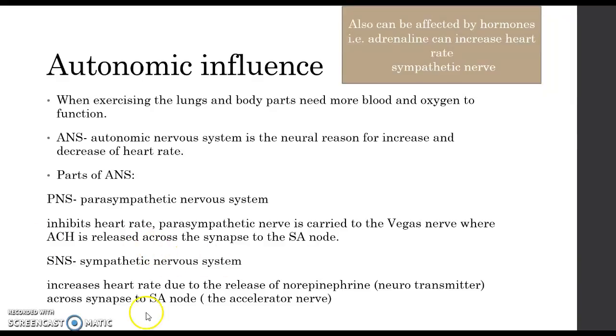This is the accelerator node due to the fact that it increases, as well as the autonomic nervous system being in charge of getting blood and oxygen to the muscles. It can also be affected by hormones, so adrenaline can increase the heart rate due to the fact that your adrenal glands send a message saying we need more oxygen, and it happens like that as well.